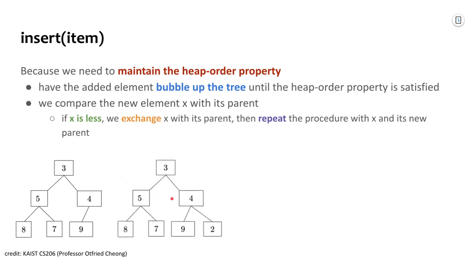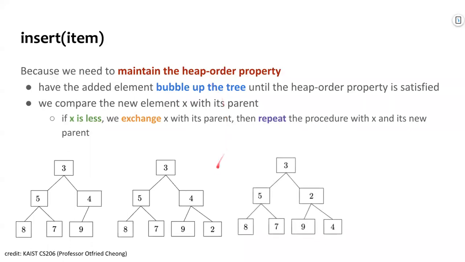So let's say we want to add 2 here. Then what we are going to do first is just add this new item at this position. And we're going to make this node bubble up until the heap order is regained. So we compare 4 and 2, and 2 is smaller than 4. So we're going to swap these two values. So like this.